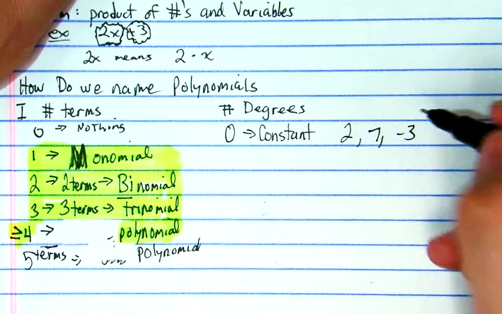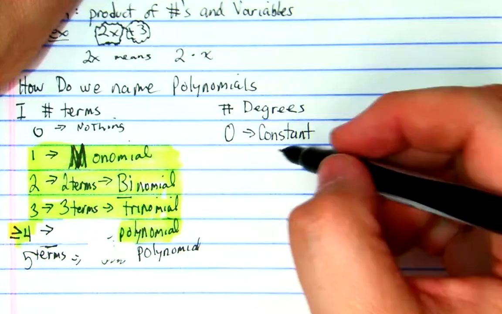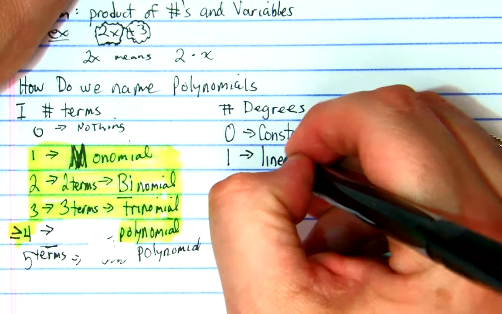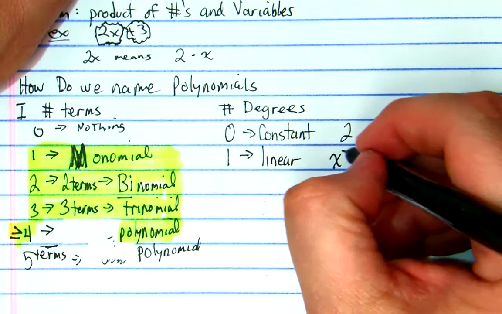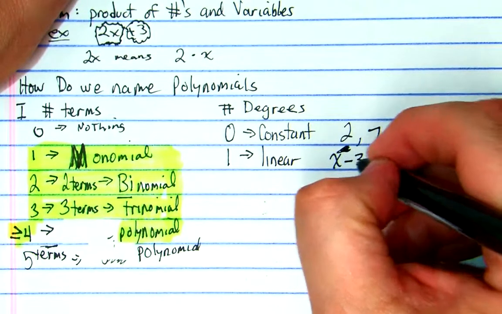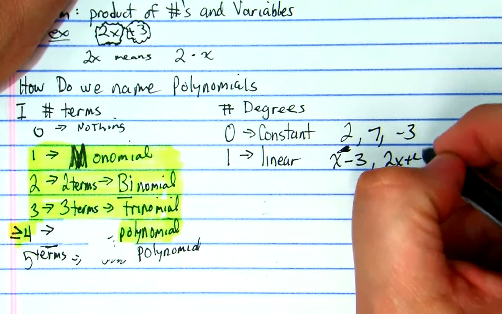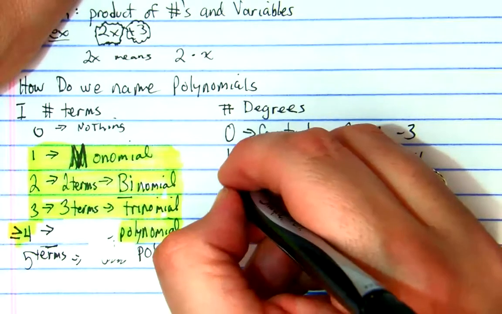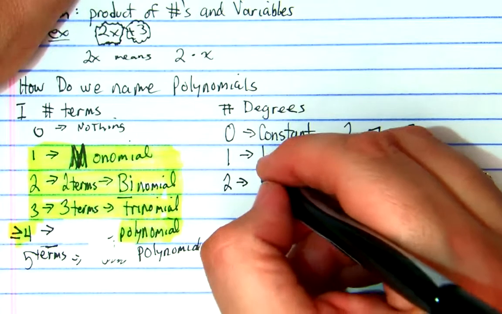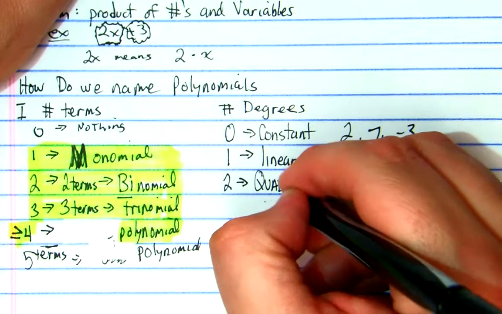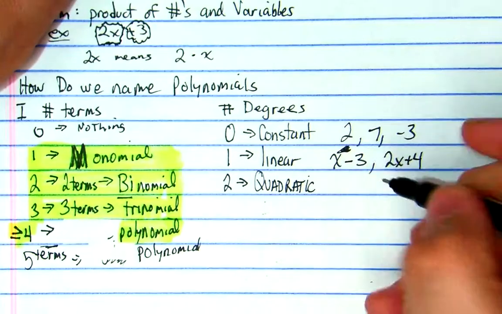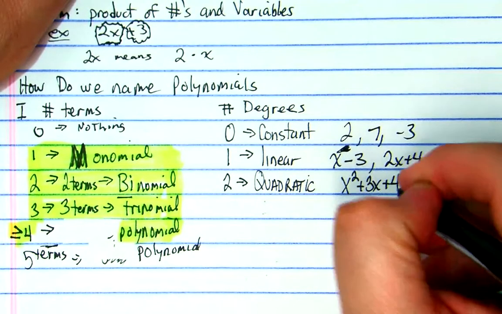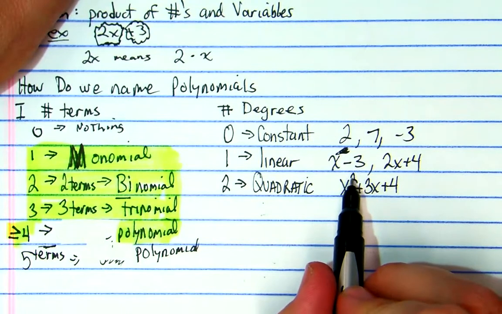If the degree is 1, it's linear, like x minus 3 or 2x plus 4. Everything has a power of 1, so it's linear. If the degree is 2, it's quadratic, which is what our next unit's all about. This is like x squared plus 3x plus 4. The leading term has a power of 2.